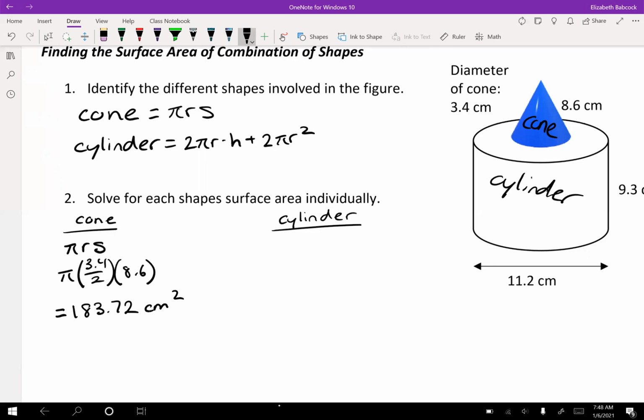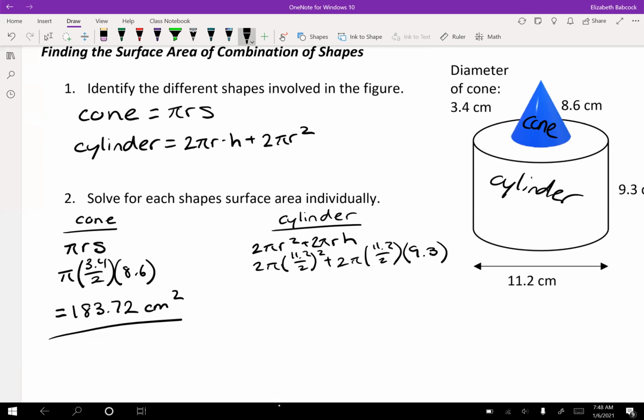centimeters squared. Then if we do our cylinder, we have 2 pi r squared plus 2 pi r h: 2 pi times 11.2 divided by 2 squared plus 2 pi times 11.2 divided by 2 times 9.3.